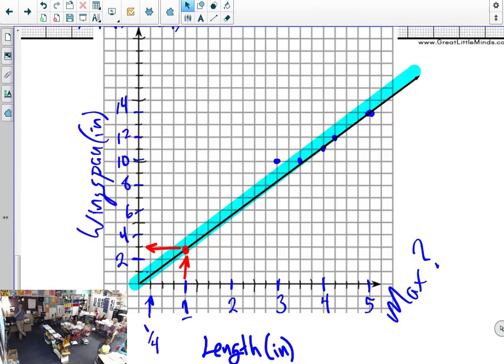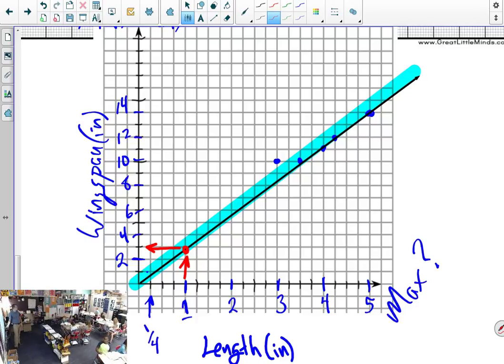So, what do you do to make our prediction? I think we're making this more complicated. I bet you already know how to do it. Just explaining it's weird. We go on the axis that matches.